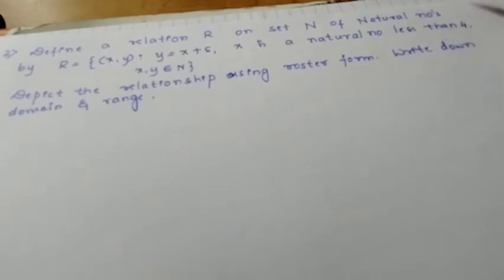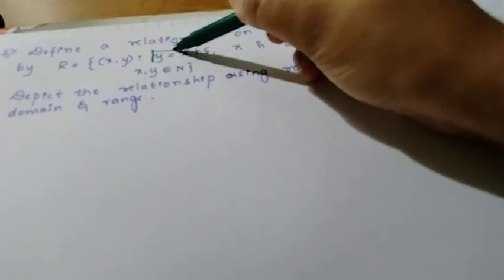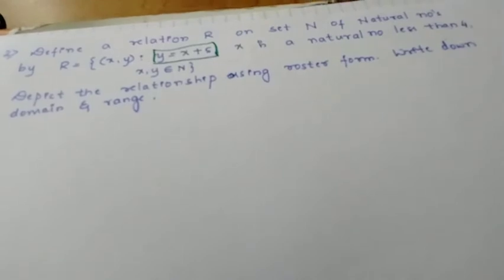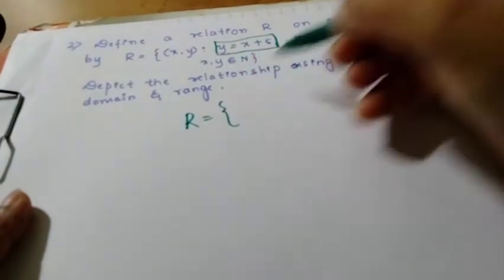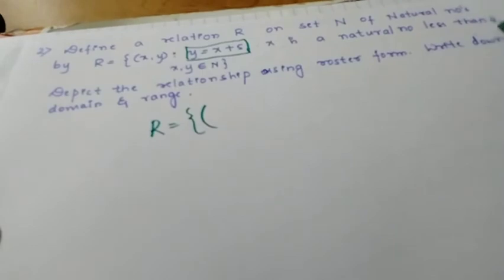Okay. So (x, y) such that y is equal to x plus 5. The relation that is defined is y is equal to x plus 5. Okay, now I have to write the relation R here. X is a natural number less than 4, they have given.